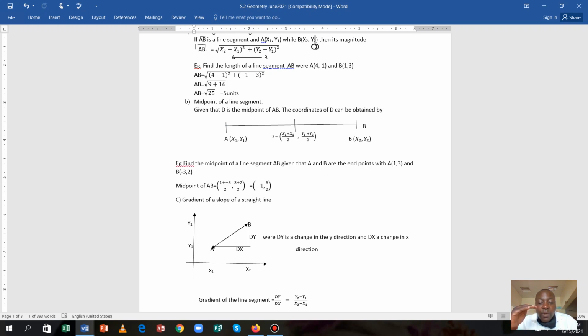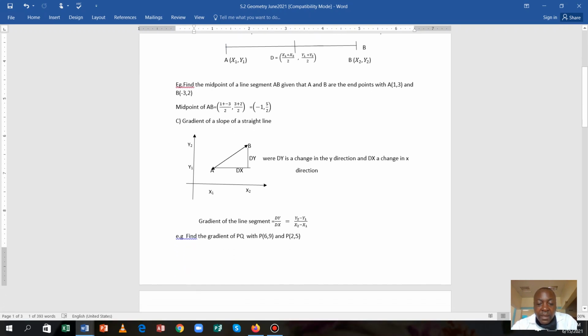We always start with y on top over x on the bottom. So the change in y is y2 minus y1 over x2 minus x1. Whether you start with y1 minus y2 over x1 minus x2, still you'll get the same answer.